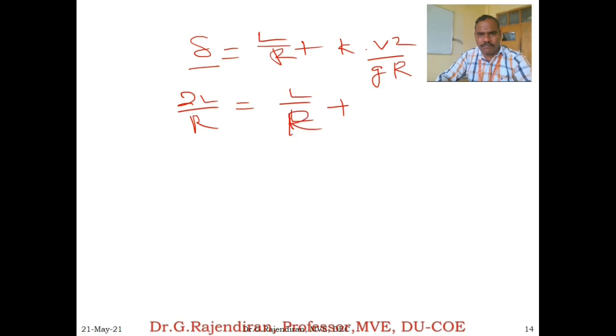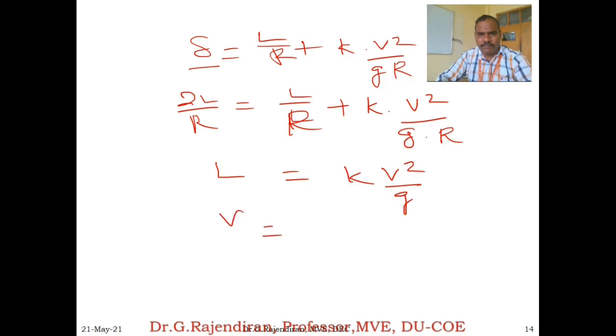Correct? So L is equal to K into V square by G, R will cancel. V is equal to root of GL by K. This is called the characteristic speed.